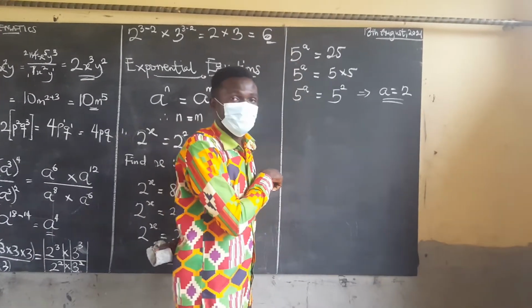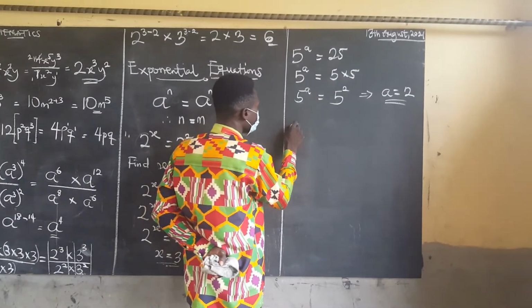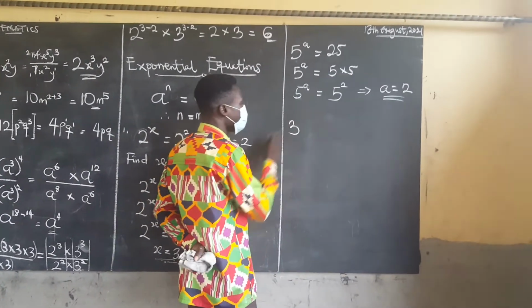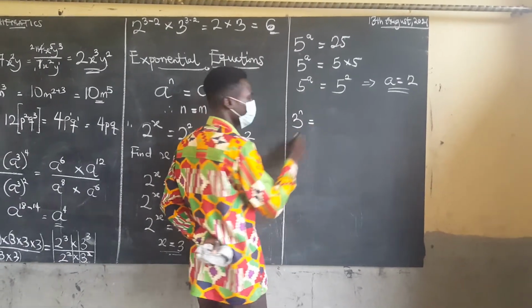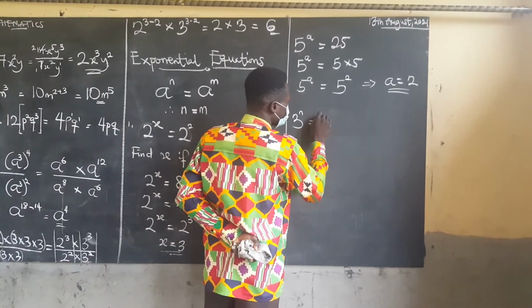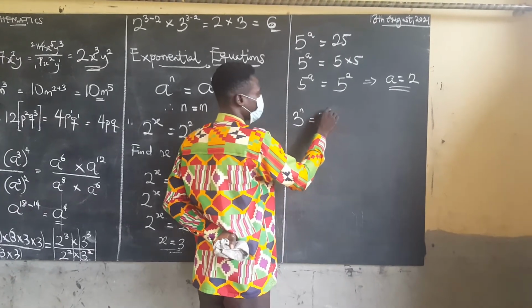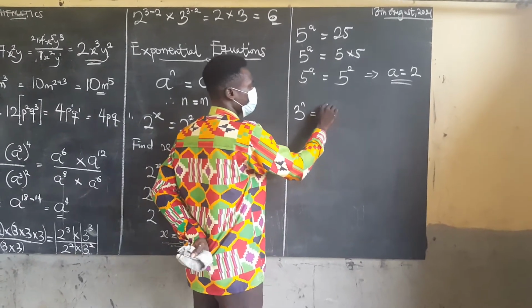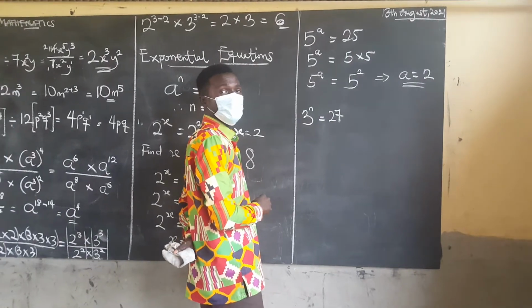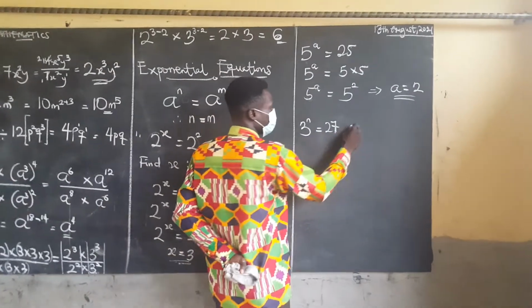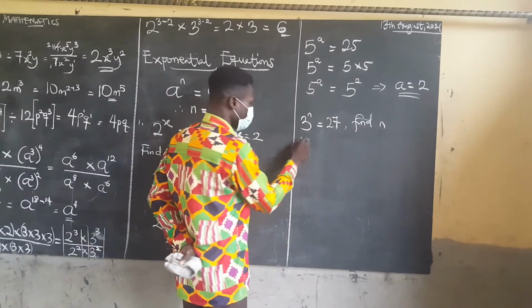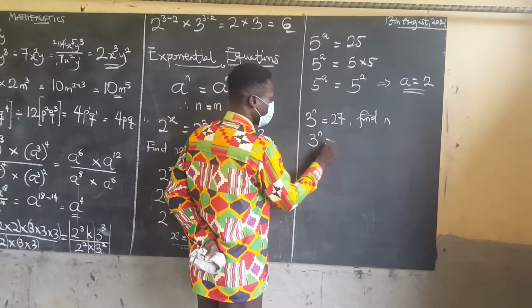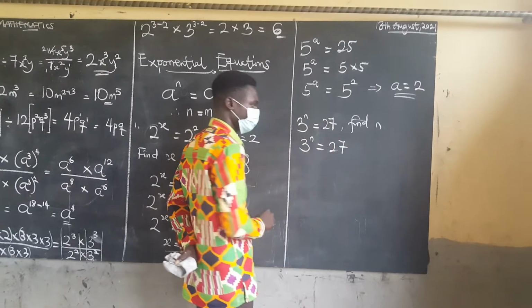Let's take the other example. We have, if 3 raised to the power n is equal to 27. If 3 to the power n is equal to 27, find n. So we have 3 raised to the power n is equal to 27.